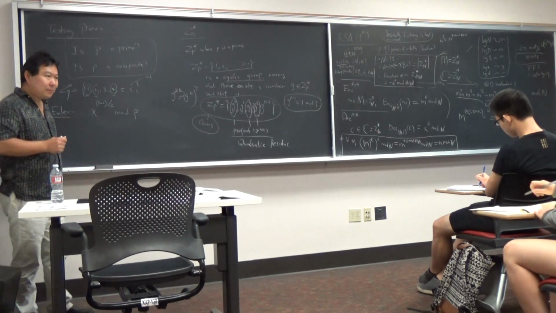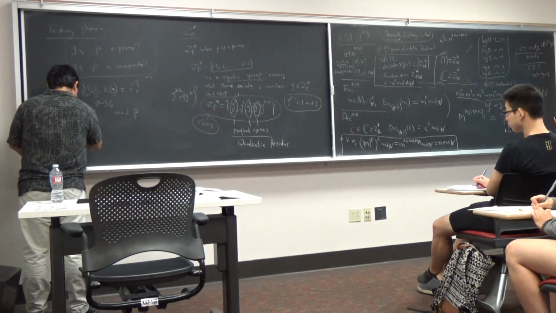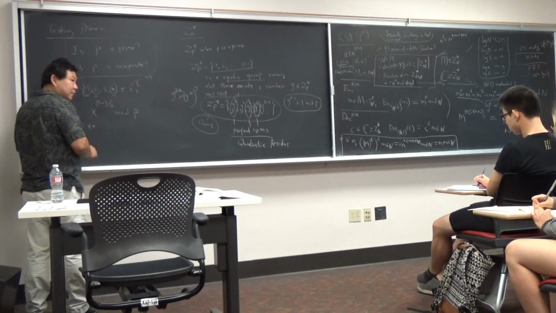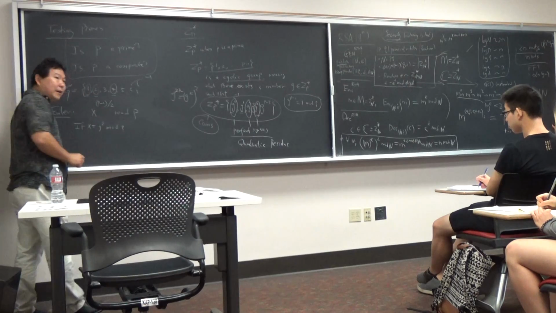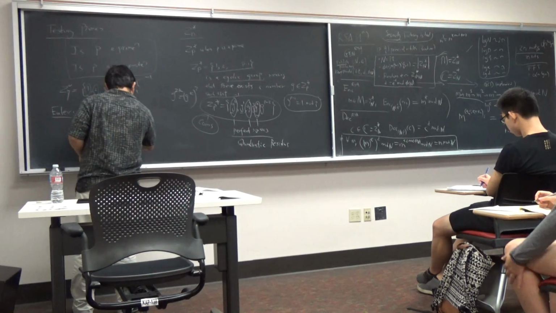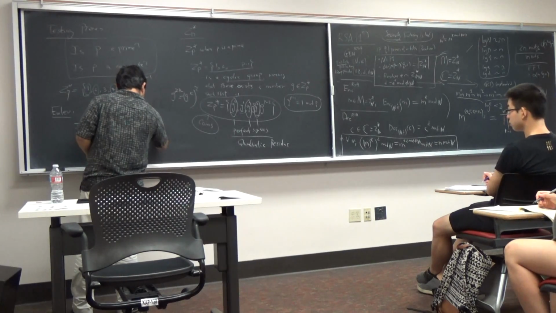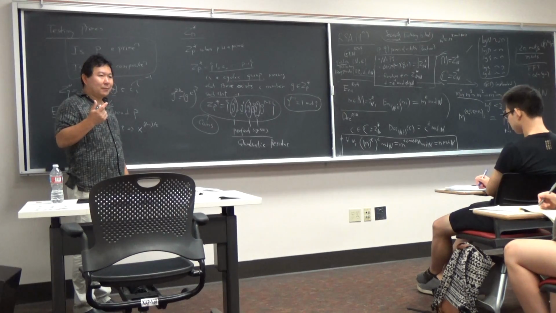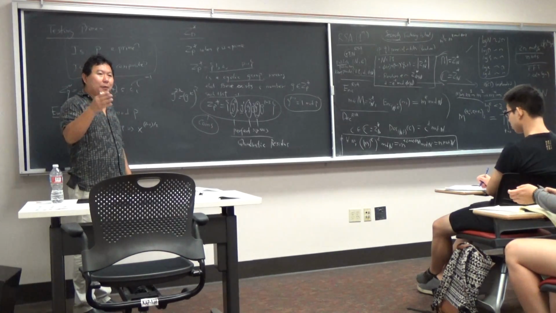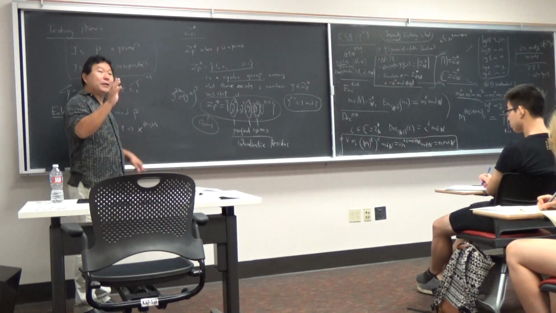So here is the logic. If x is a perfect square, then x to the power p minus 1 over 2. Is p minus 1 over 2 an integer? Because here we don't use p as a prime number, we use p as always an odd number. So p minus 1 over 2 is an integer.